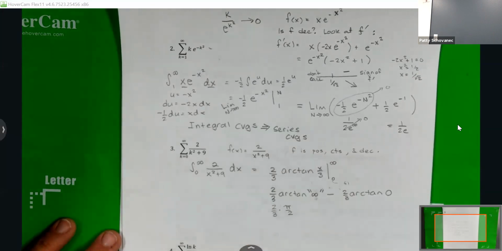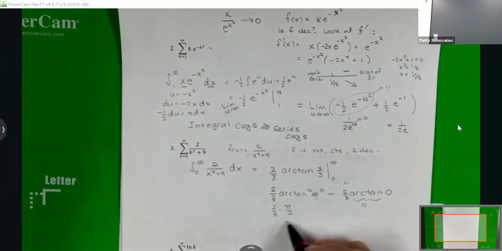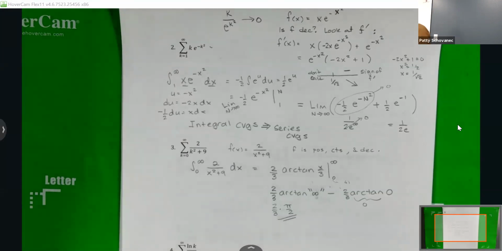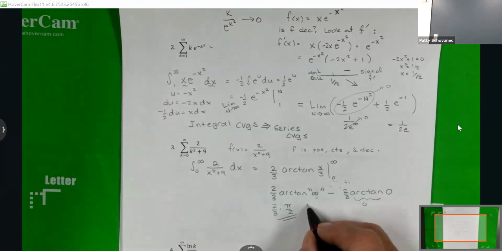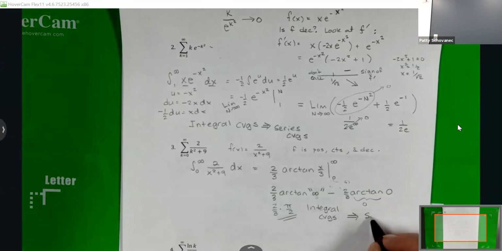I know what the arctangent of 0 is, do you? Arctangent of 0 is the angle that we take the tangent of to get 0. 0. Arctangent of 0 is 0. So my integral converges to 2/3 times pi halves, or pi thirds. And that implies that the series converges.